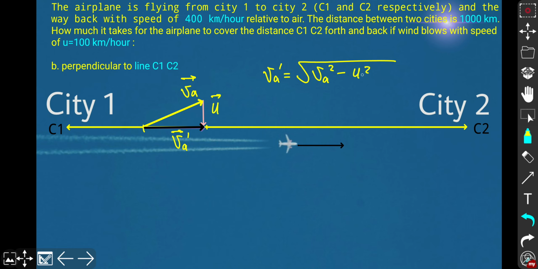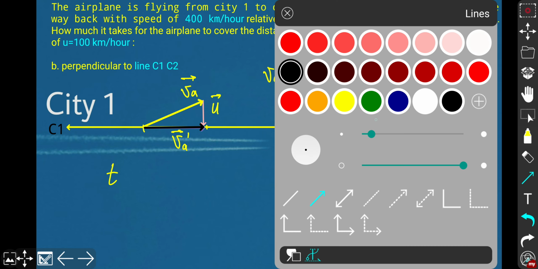By the way, let's consider the case right now when it goes backward. When it goes backward, you should have the same VA prime vector for the actual motion of the airplane, so that while it's blown by the wind, it should have the same final resultant direction.